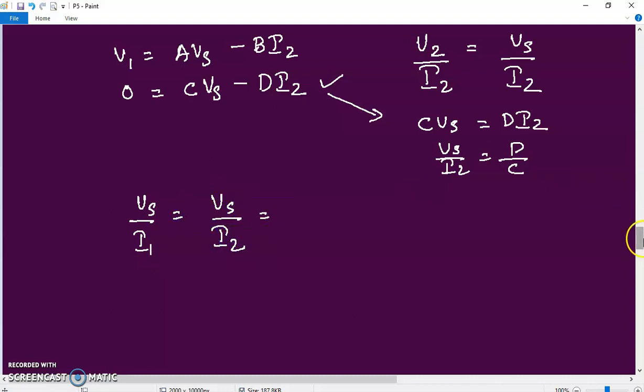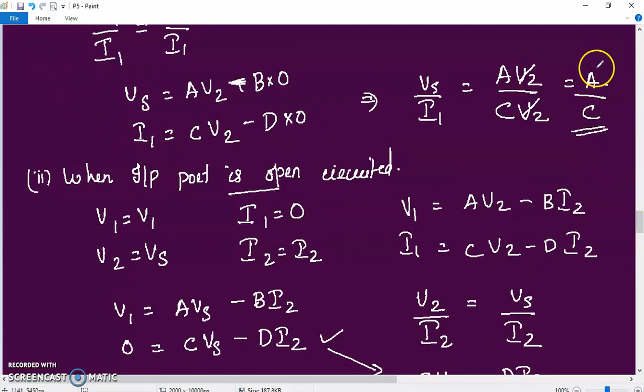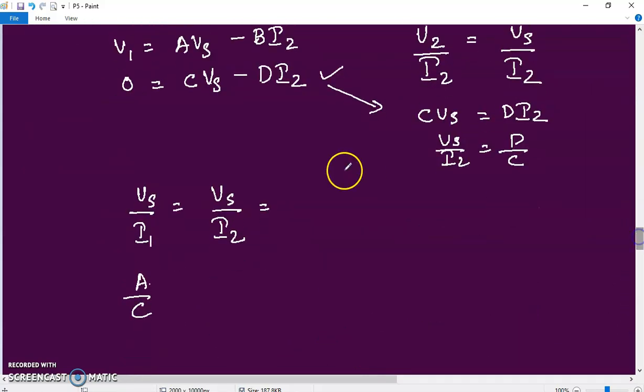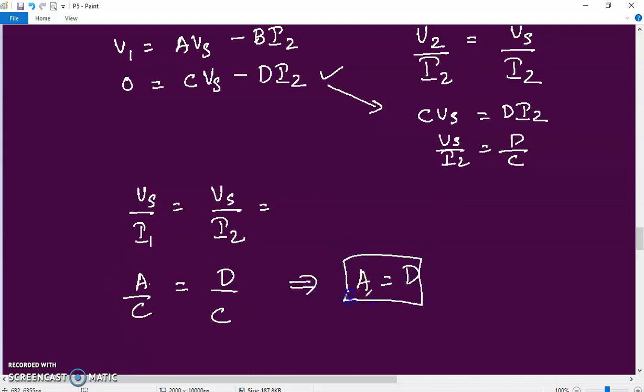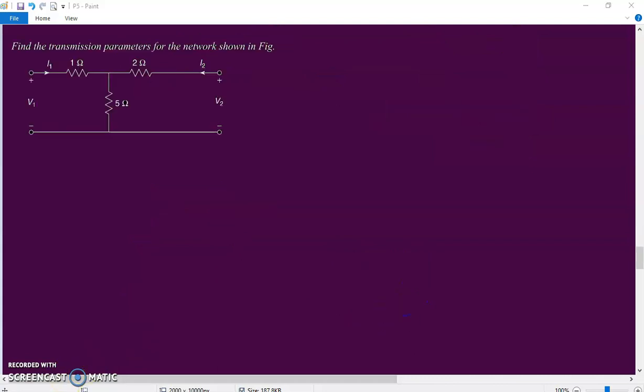For that, Vs by I1 we got as A by C for case 1, and Vs by I2 for case 2 is equal to D by C. For these two to be equal, what we need is A should be equal to D, and this is the condition for symmetry. A problem: find the transmission parameters for the network shown in the figure.